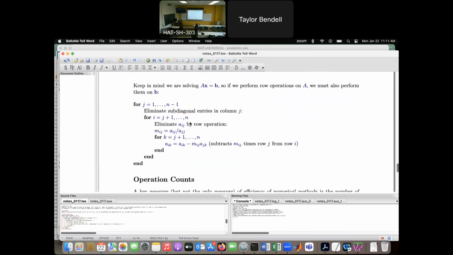Okay. So when we perform a row operation on A, we also have to do the same to B. Now, B is just a column vector, so really we're just modifying one element. We're taking the element in, so I'm going to add that right here.